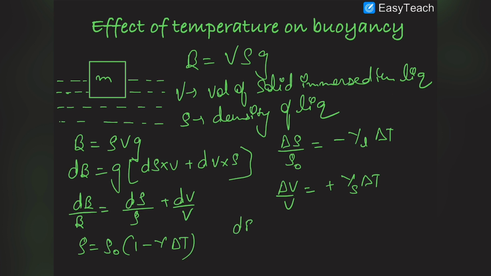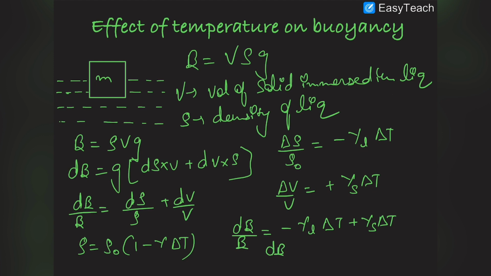So substituting these two values, d rho by rho is minus gamma liquid delta T and dV by V is plus gamma solid delta T.